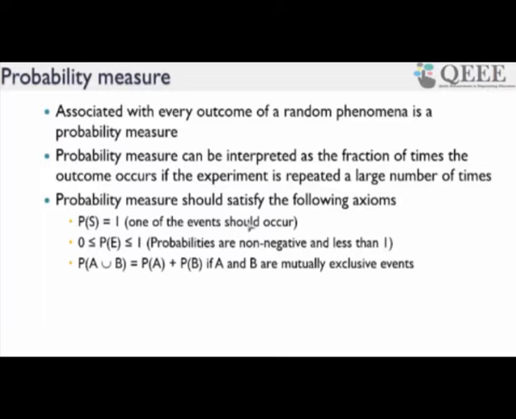So that is given by this equal to 1. The probabilities are non-negative and less than or equal to 1, and the probability of A union B is probability of A plus probability of B if A and B are mutually exclusive events. That basically means that if A occurs, it precludes B, and if B occurs, it precludes A, then probability of A union B is probability of A plus probability of B.